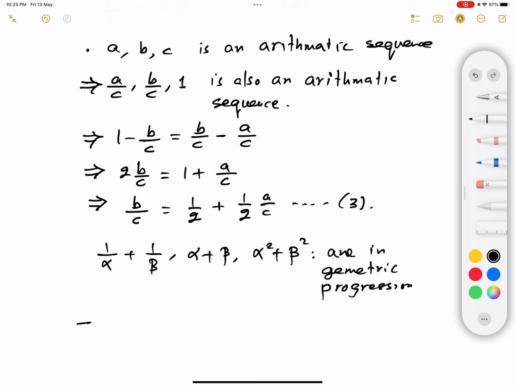So that implies that, first of all, let's rewrite the first element.